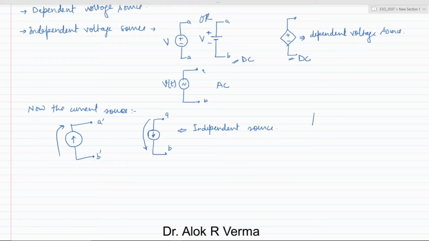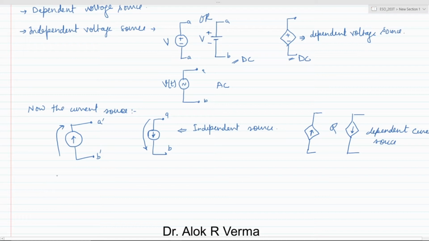And again, if something is represented in a diamond shape or in this particular form, depending upon the flow of the current, then it is a dependent source, or dependent current source. So this is how it is represented.